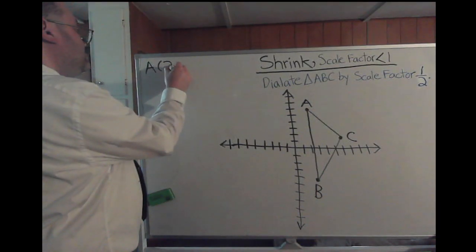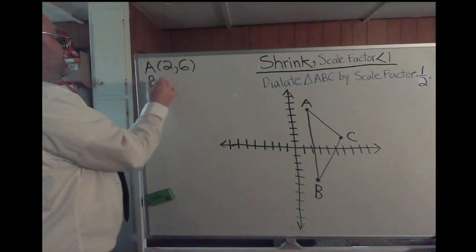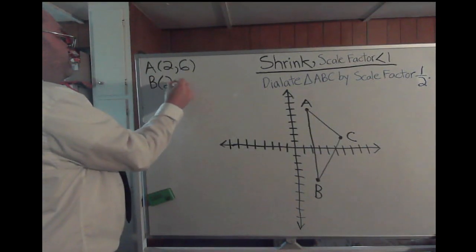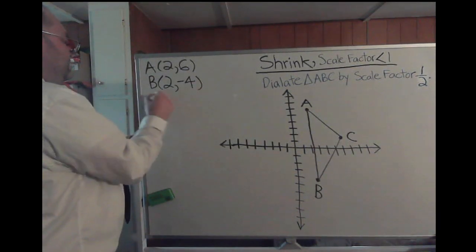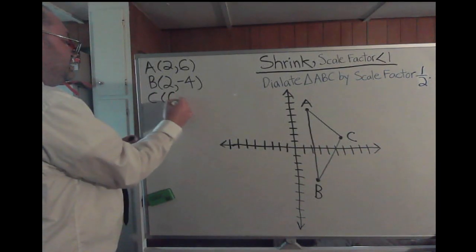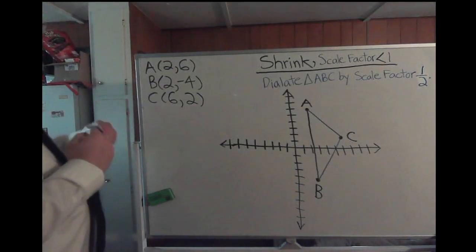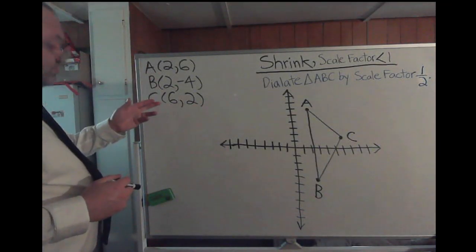A has the coordinate 2, 6. B has the coordinate 2, -4. And C has the coordinate 6, 2. All right, so we got our original coordinates.